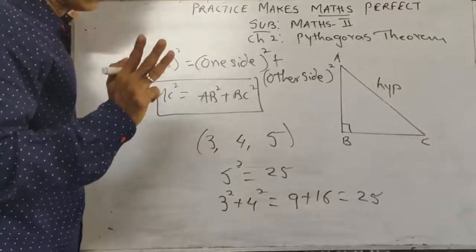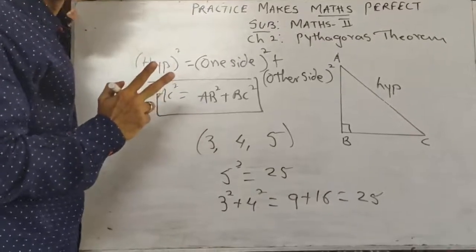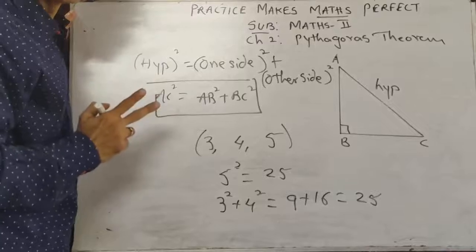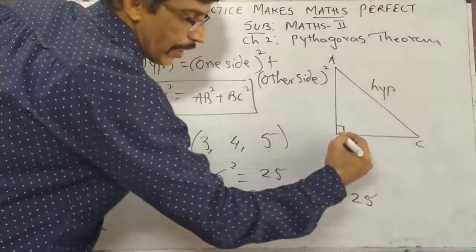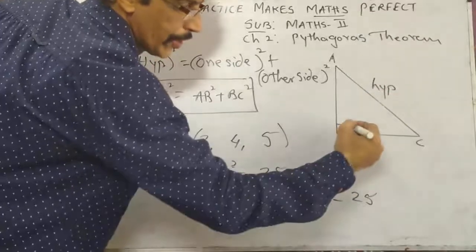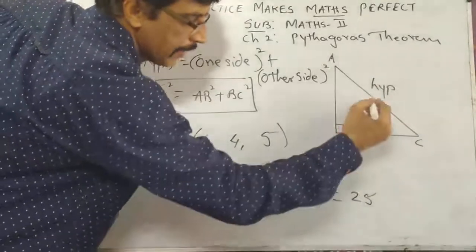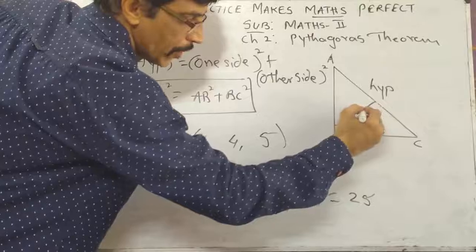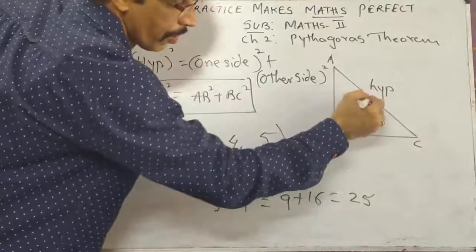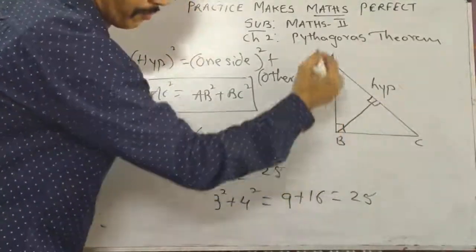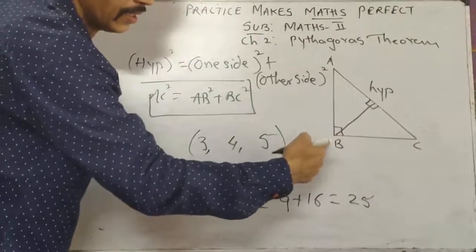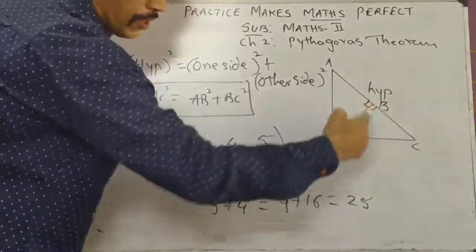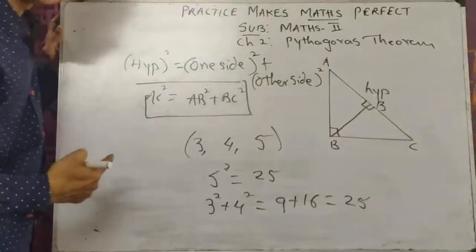Third, you are going to study about the theorem of geometric mean. Theorem of geometric mean means what? When a perpendicular is drawn to the hypotenuse from the opposite vertex. You can see here, BD is a perpendicular to hypotenuse AC.